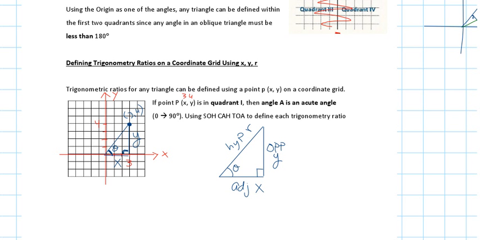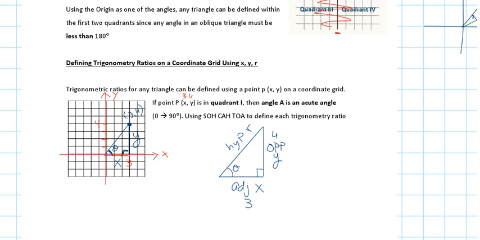So this is 4, this is 3. So you see how we're using our old knowledge, which is the opposite and adjacent and hypotenuse, but we're calling them something different right now. We're calling them Y and X and R. So we're still doing the same thing. We're still doing SOHCAHTOA, right? We're still using adjacent and opposite, but we're calling them something different right now. We're relating them to a point.